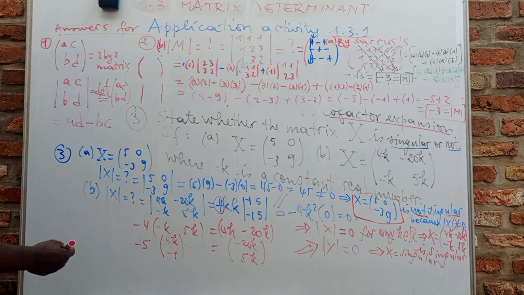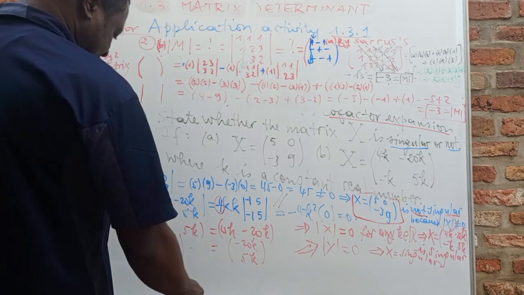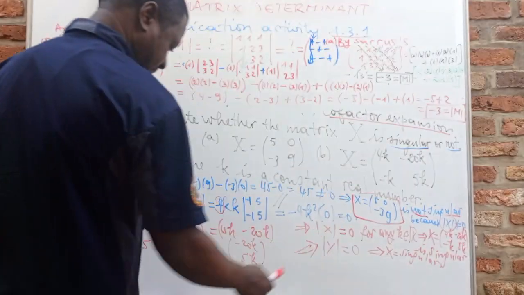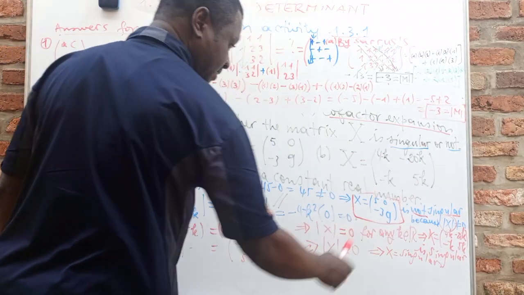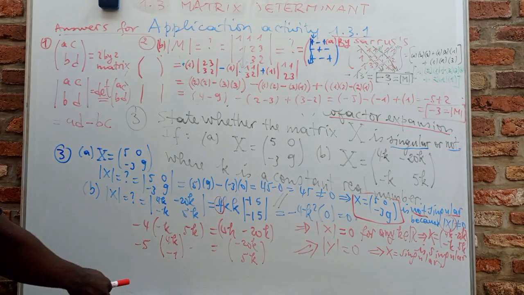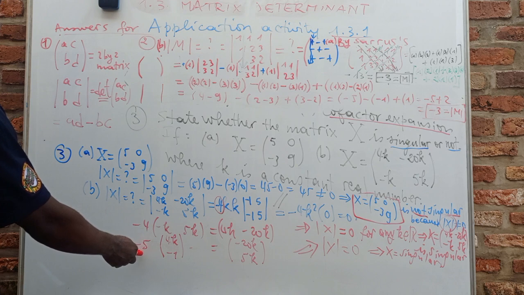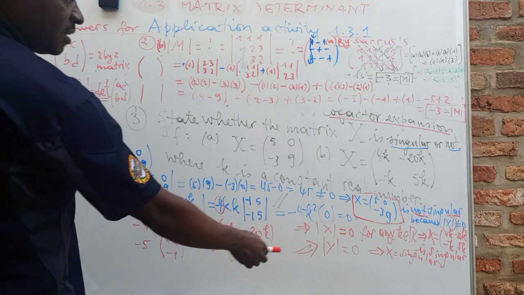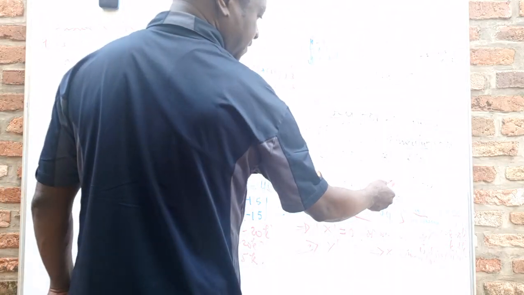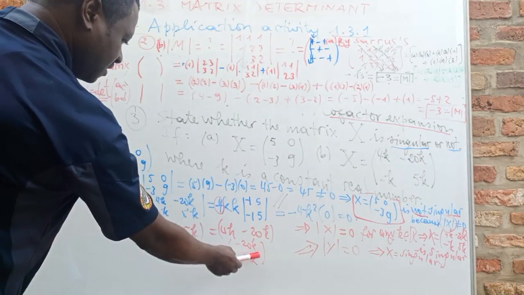So this was along the first row. Along the first column and the second column, in this case, the second one is a multiple of the first, with common factor negative 5. So negative 5 times 4 is 20. Negative 5 times negative k is 5k.